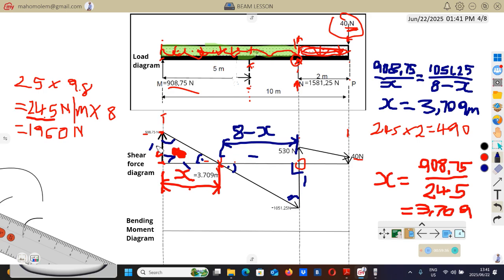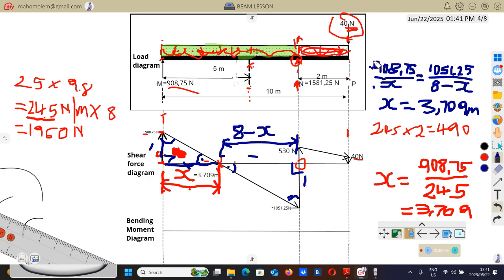Make sure that you do the same thing on this other triangle. Now I decided to take this vertical side divided by this horizontal side. 908 divided by horizontal side. Remember, this horizontal thing stands for distance, the length of the beam. Right, you take that 908 divided by horizontal is x. At the moment, remember, it's just an alternative of calculating x. We assume that we don't know x yet.